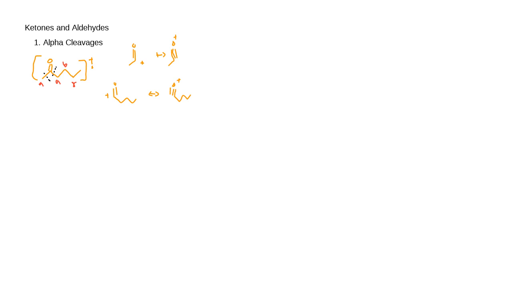But yeah, so the last example rather, we're going to talk about is something called McLafferty rearrangement. Hopefully you guys have heard of this term in lecture. If not, you might get to it.